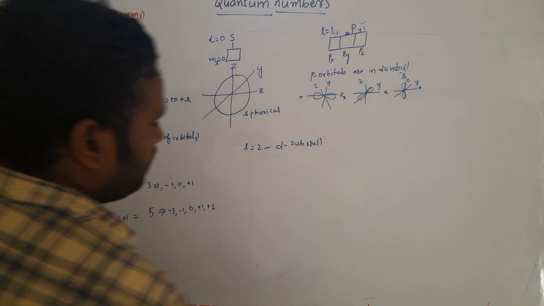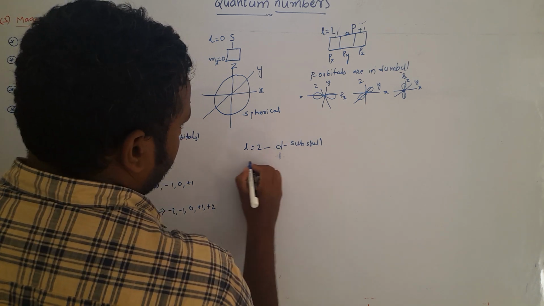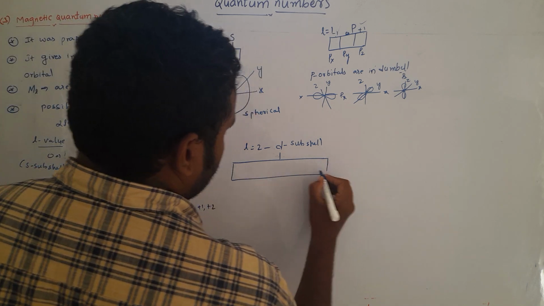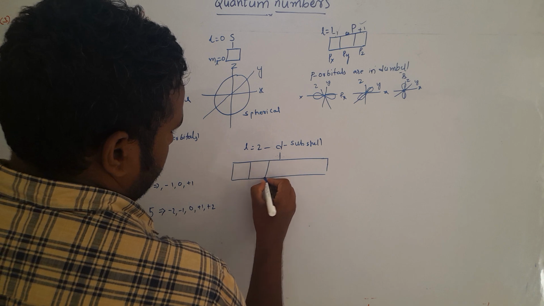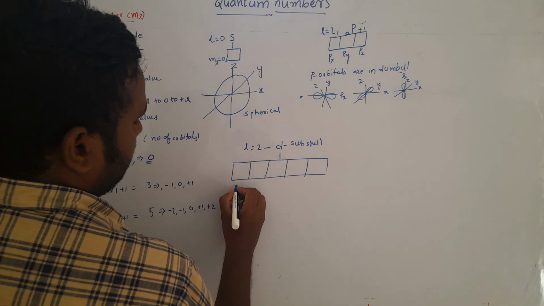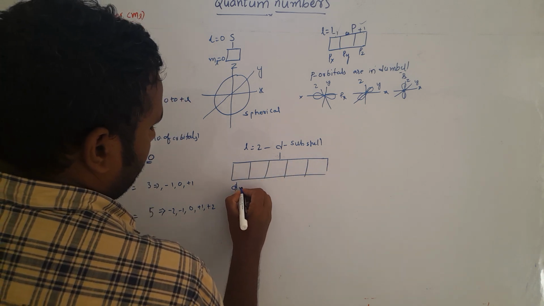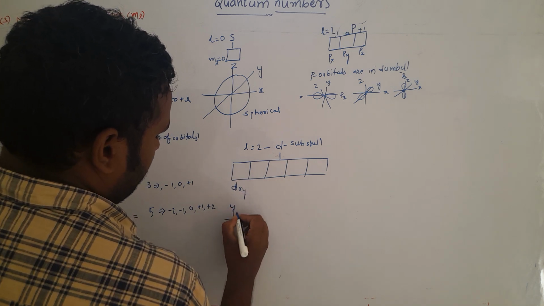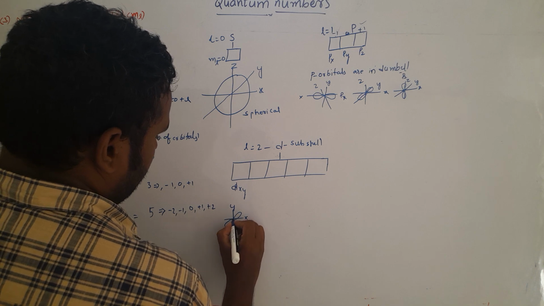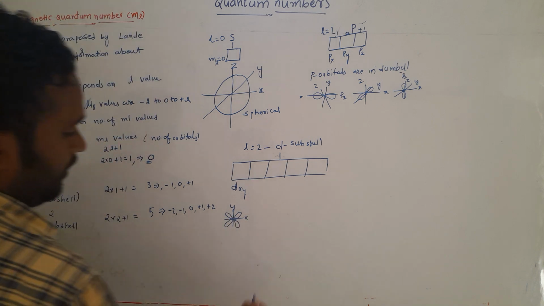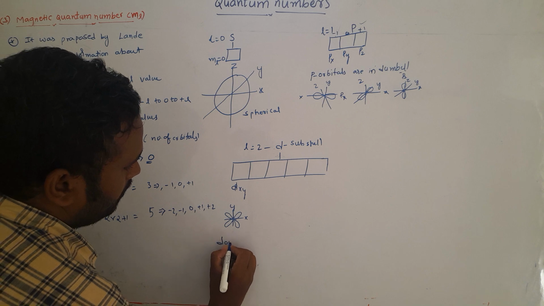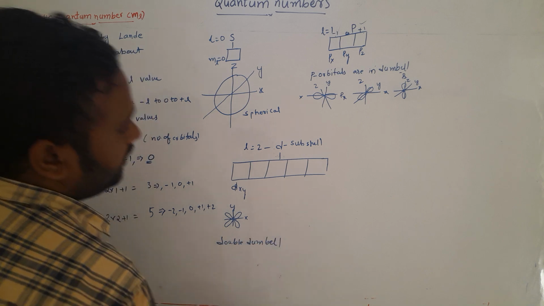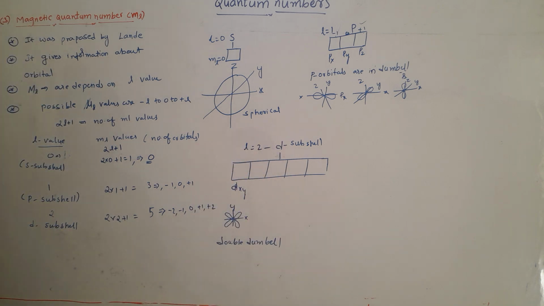D subshell contains 5 orbitals. What are those 5 orbitals? 1, 2, 3, 4, 5. This is dxy. It has a double dumbbell shape, which means d orbitals have a double dumbbell shape.